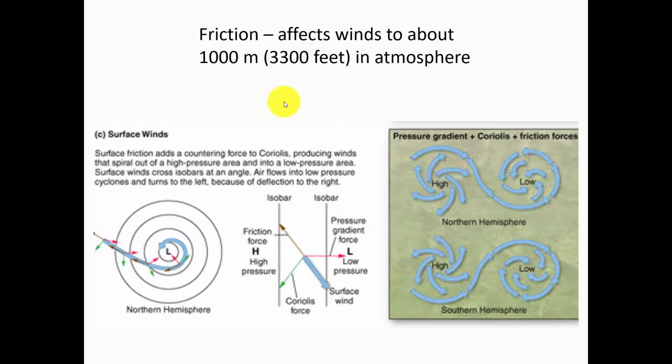So friction affects winds, and it is of primary influence to about 1,000 meters in the atmosphere, and it's the interaction of the wind and the air with the surface of the earth. Above that, friction does not have an effect.